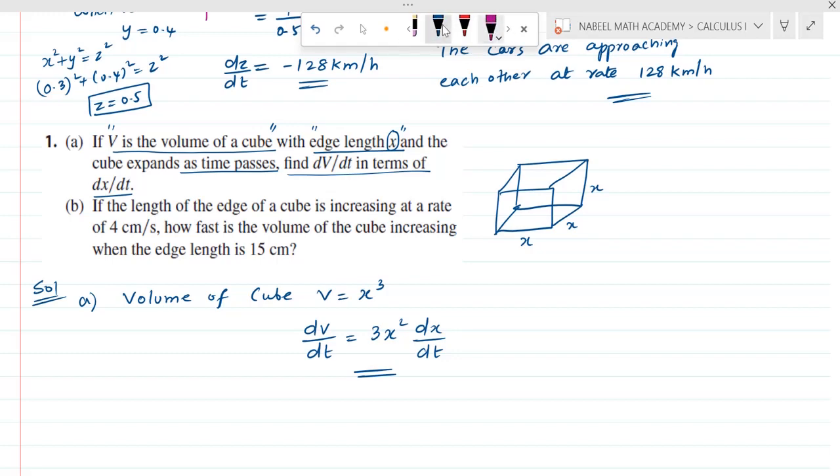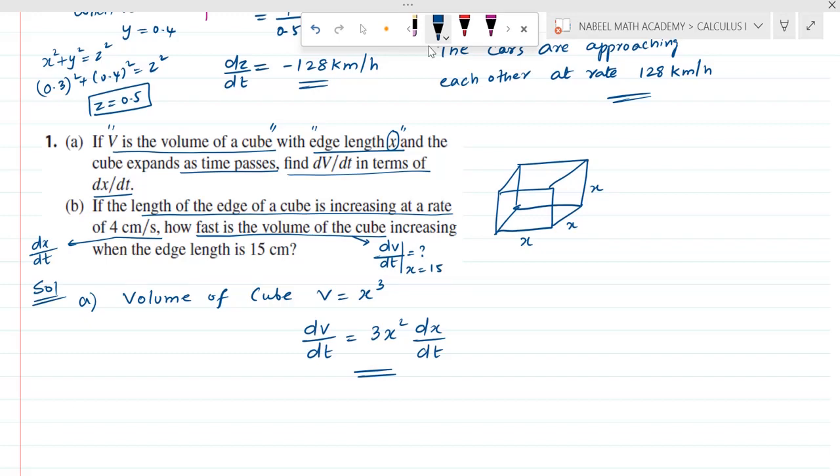What about the next part? The length of the edge is increasing at a rate. This increasing rate is nothing but dx over dt, which is given. How fast is the volume increasing? This is asking for dV over dt when x is equal to 15.